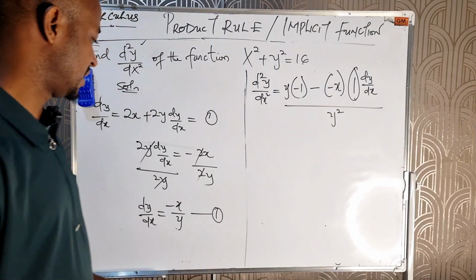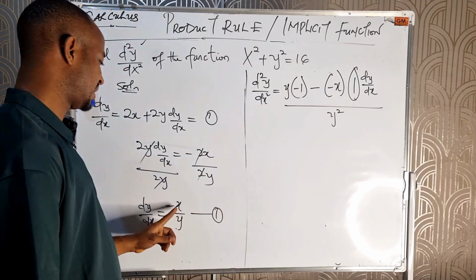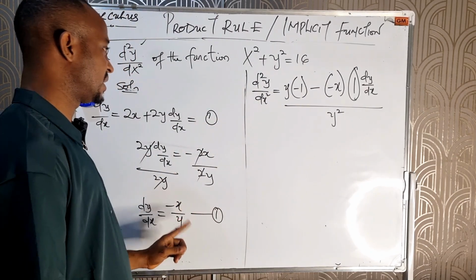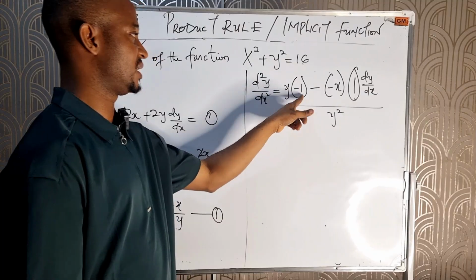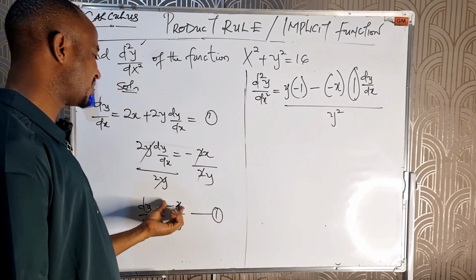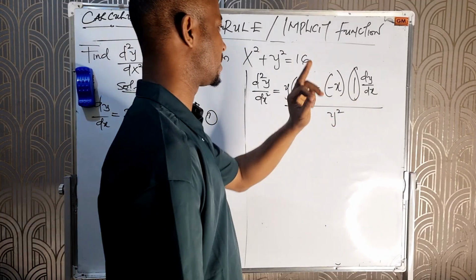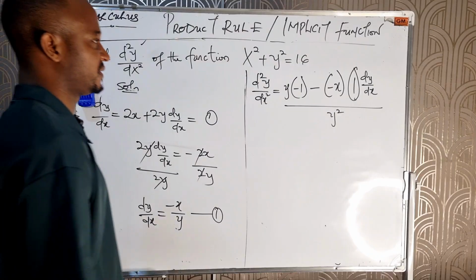Let me repeat this again. We kept y constant, differentiated minus x, that gives us -1. Then the rule of quotient says once you keep this constant, differentiate this, you put a minus sign here. Then we keep y constant now, minus x constant. When you differentiate y, we have what? 1. All divided by what? y². This is the quotient rule of differentiation.